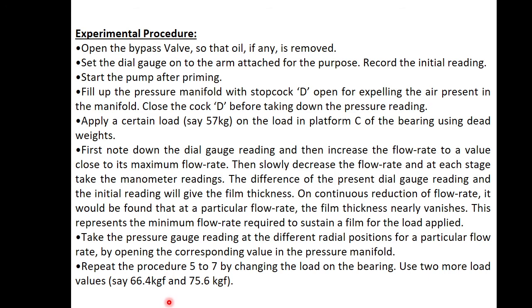The thing is, the experiment is carried out for different loads. You have seen the loading platform. On that loading platform, we can put some additional weight. It has a self weight, I think 57 kg, and then with some additional weight 66.4 kg.